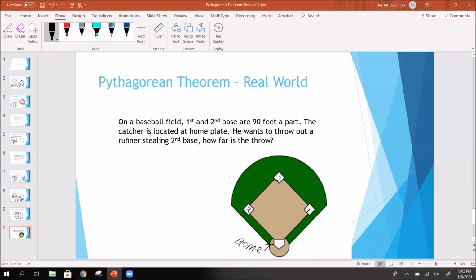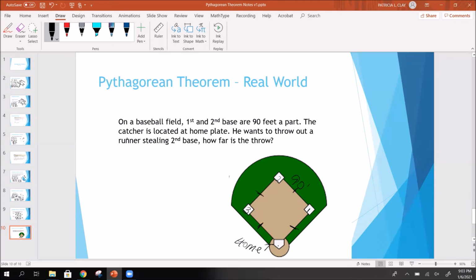So the distance between first and second is 90 feet. So we're gonna say that side is 90 feet. Well, if you notice, the infield of a baseball field forms a square. So that means all the sides are congruent to each other. We'll show that by doing our little tick, okay? The other thing, now we need to notice where the catcher is.